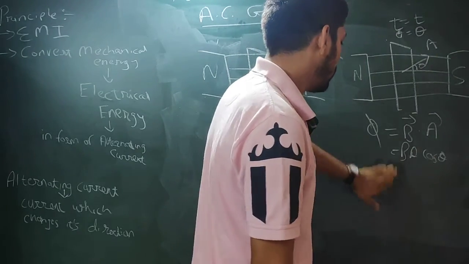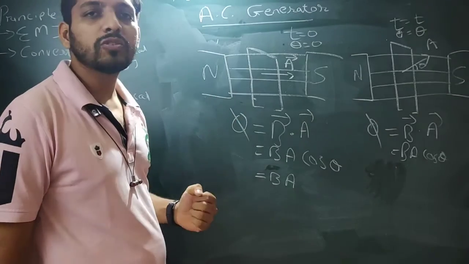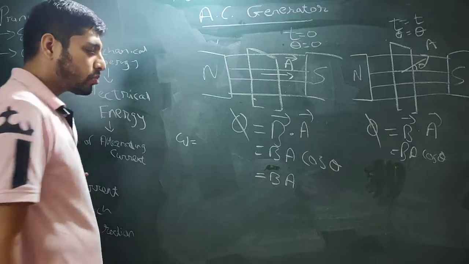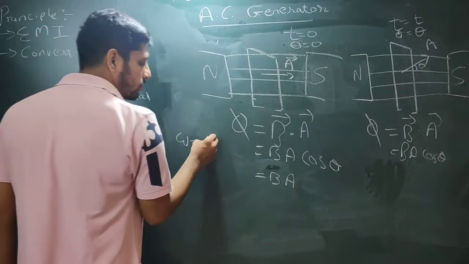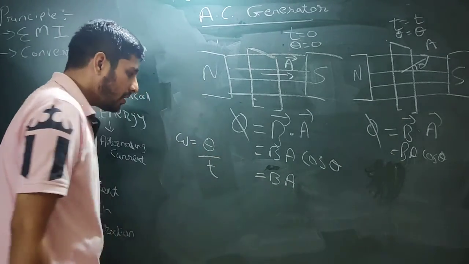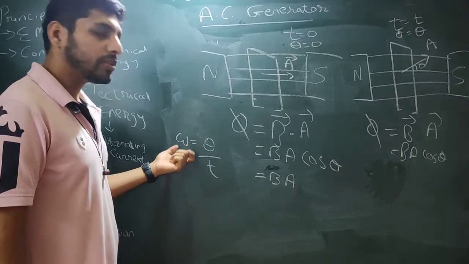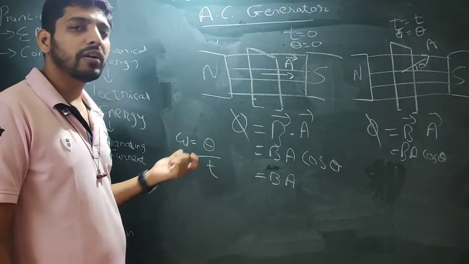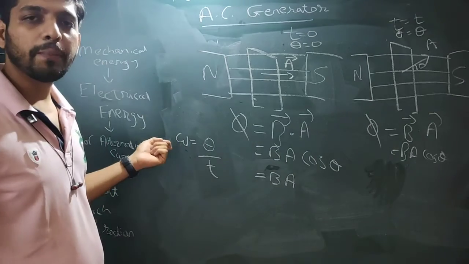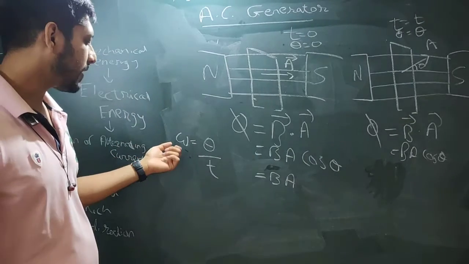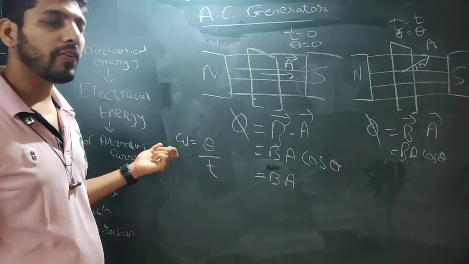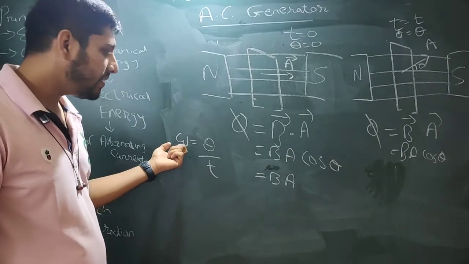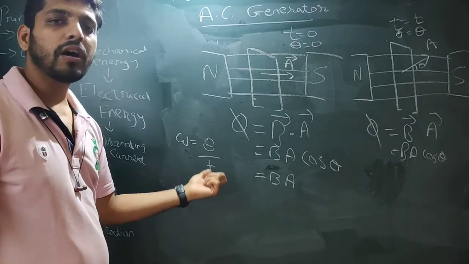Now one important thing: at what speed is it rotating? It is rotating at a uniform angular velocity omega. Omega is equal to theta upon t, where omega is angular velocity and theta is the angle through which it moves, or angular displacement. Compare it with linear velocity, which is linear distance covered upon time.